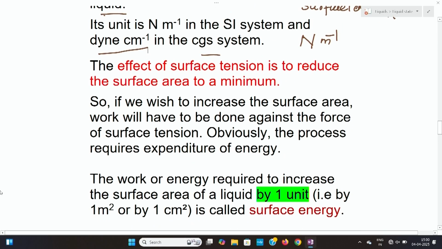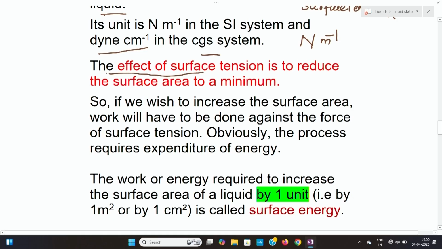What is the effect of this surface tension? Because of the surface tension, the molecules at the surface will try to reduce the surface area, or the liquid at the surface will try to reduce its surface area.